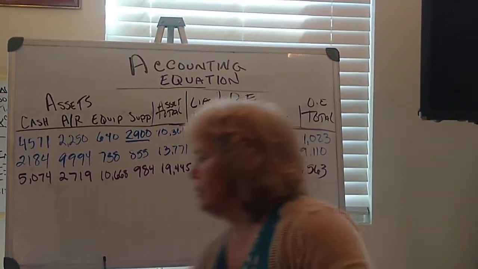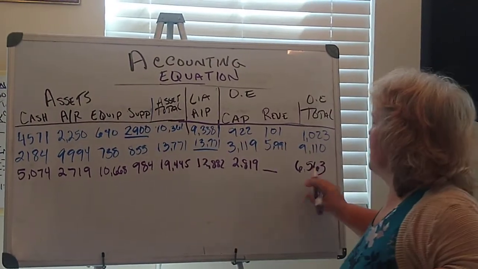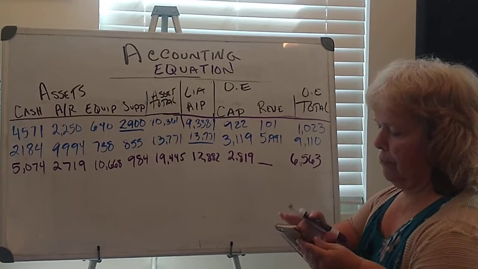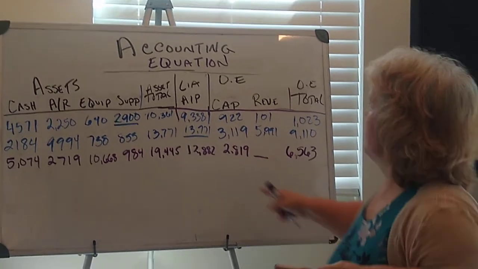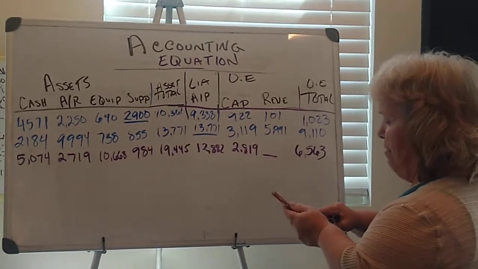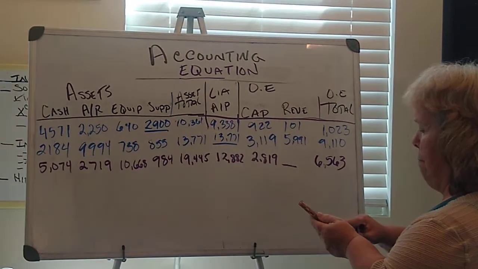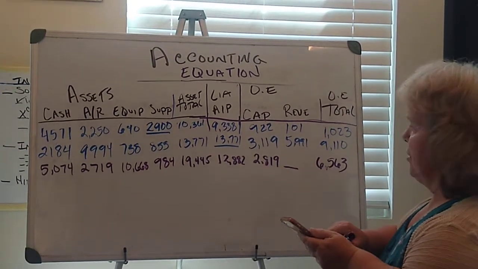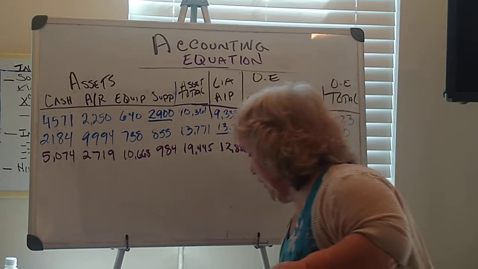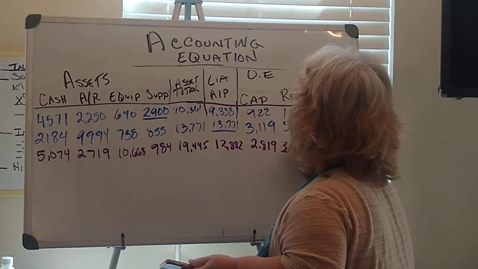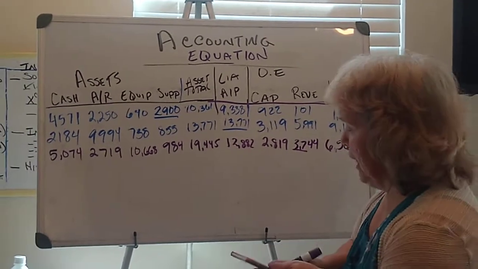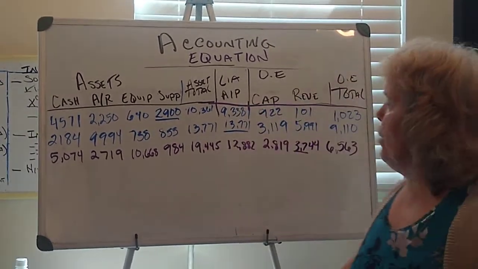So simply, what do we do? We take this number here, and subtract the capital. Capital, okay. So 6,563 minus 2,819 equals. So we should have 3,744.